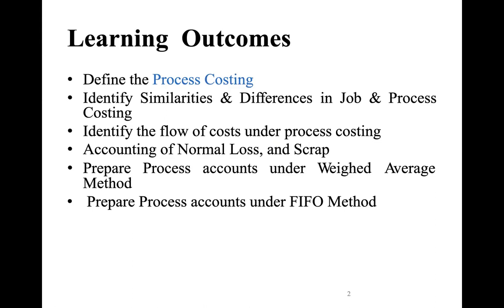For the flow of costs, we will, of course, do a question and then you will understand what this flow is. Then we will keep accounts for normal loss and scrap. We will identify what these terms are. Then we will not prepare process accounts, but we will learn how to keep these process accounts under the weighted average method, OBAC, and FIFO method.